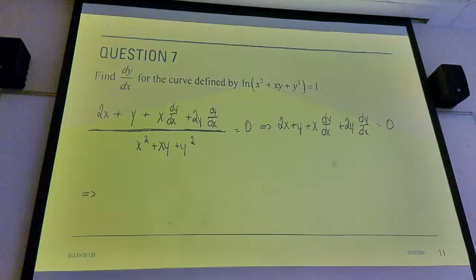So, start subtracting some stuff. What do you want to subtract? Start with 2x from both sides. I'm going to do 2 steps at once. I'm not going to just subtract 2x, I'll subtract 2x plus y.